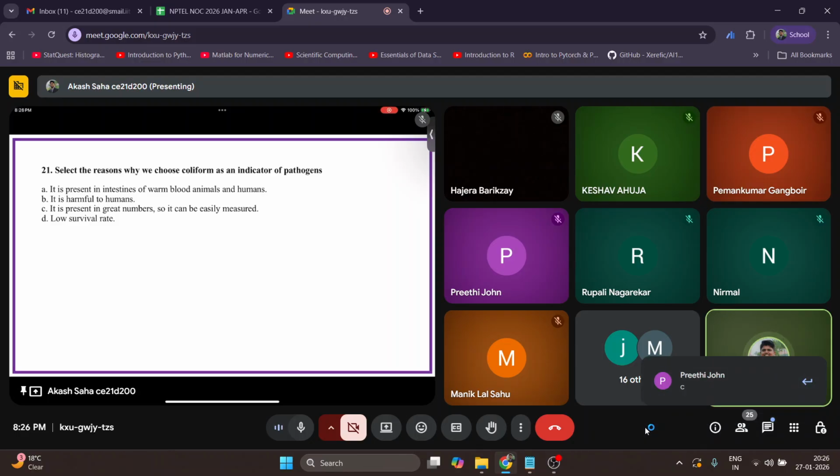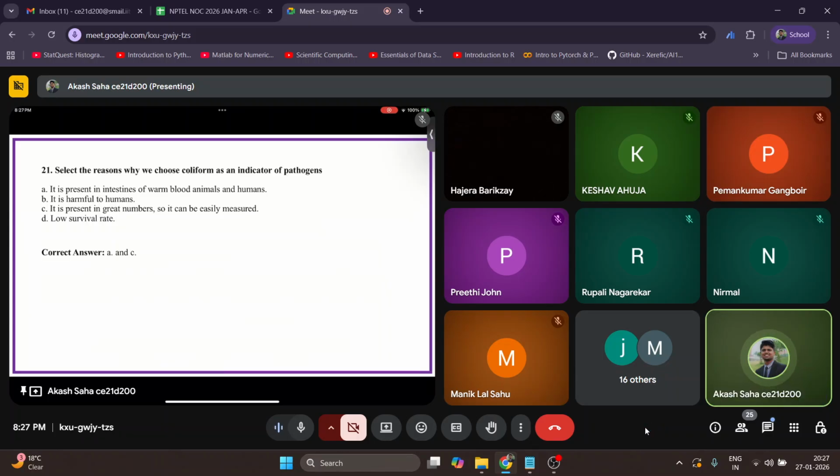So why do we choose coliform as an indicator of pathogens? We say that these coliforms are present wherever the pathogens are also present. Many of you are answering, but it's not the complete answer.